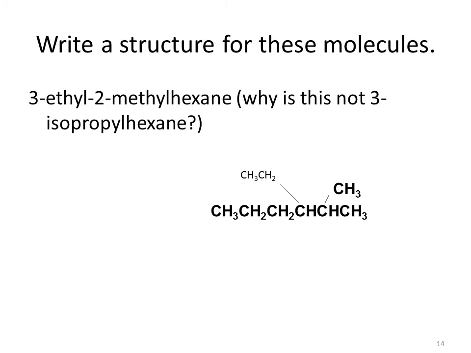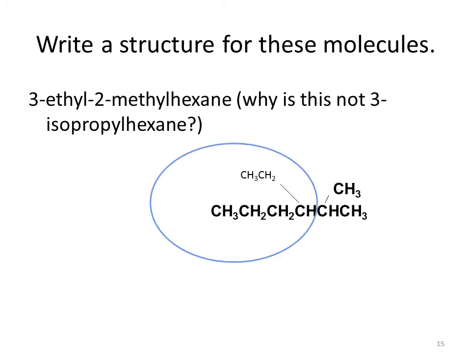And then I ask you this question, why is this not 3-isopropylhexane? When this is written down, some students will look at that as being the longest chain and say it's hexane, and then want to name what's attached as isopropyl or as a propyl substituent.